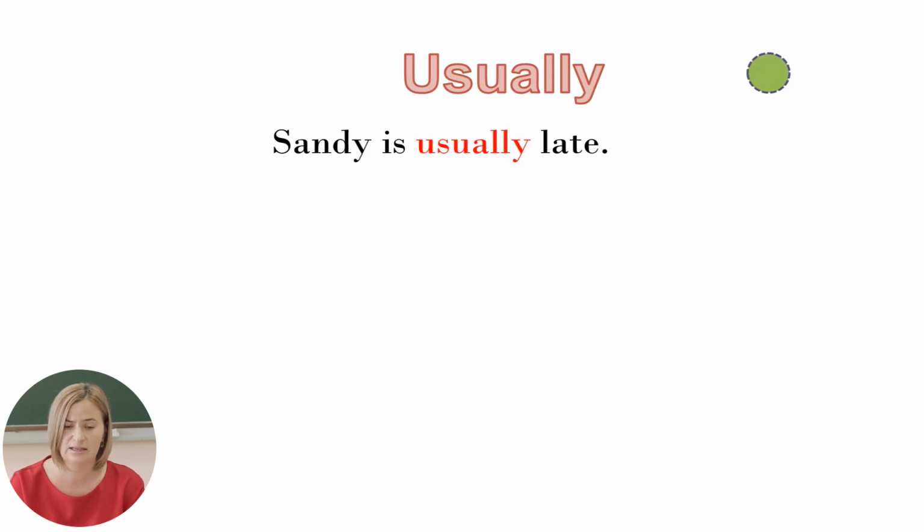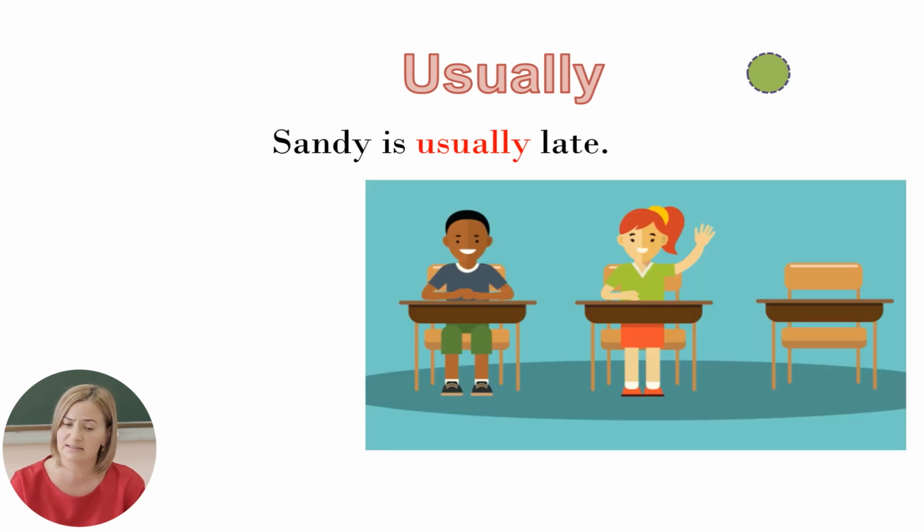But we can use usually after the main verb if there is an auxiliary like to be or a modal. Example: Sandy is usually late. So usually is used after the auxiliary to be.